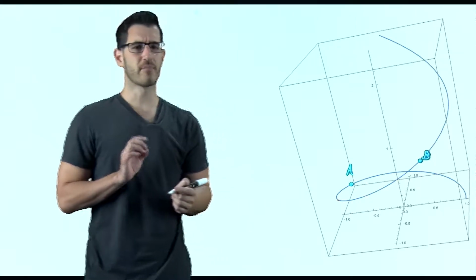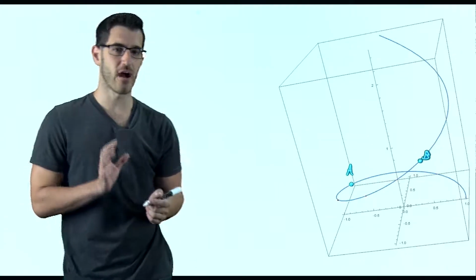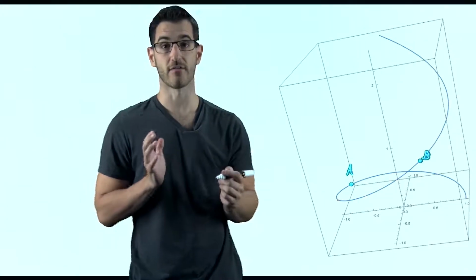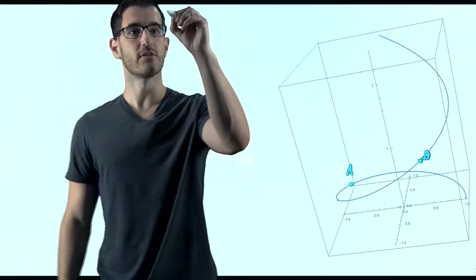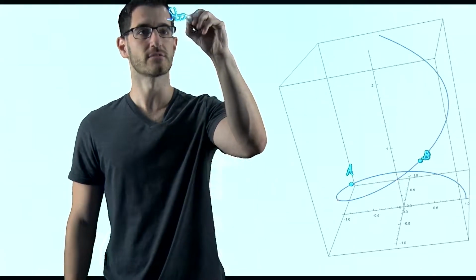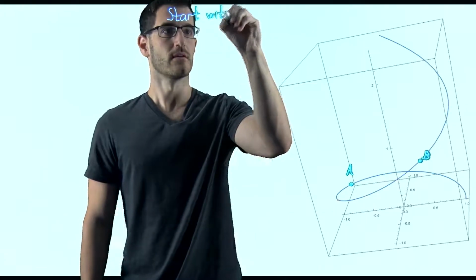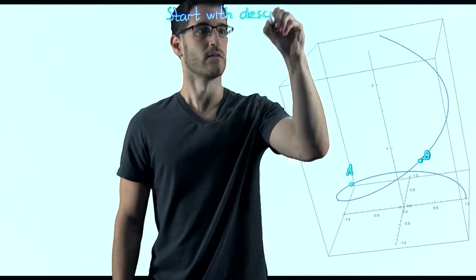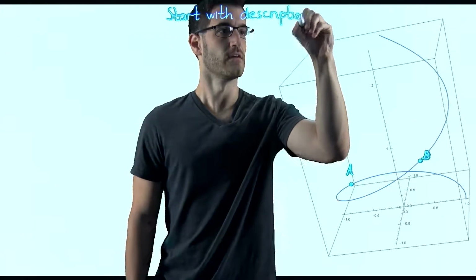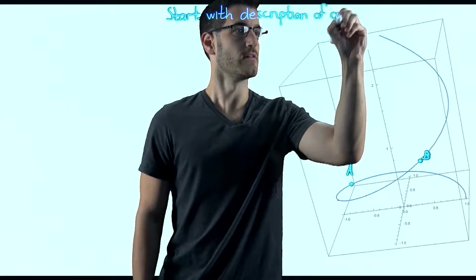Well, one of the complications now is that we need to describe this curve as a vector-valued function. So what we're really going to do is start with the description, or the parameterization of this curve.